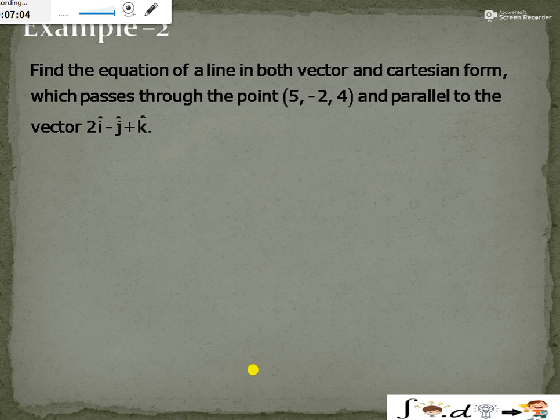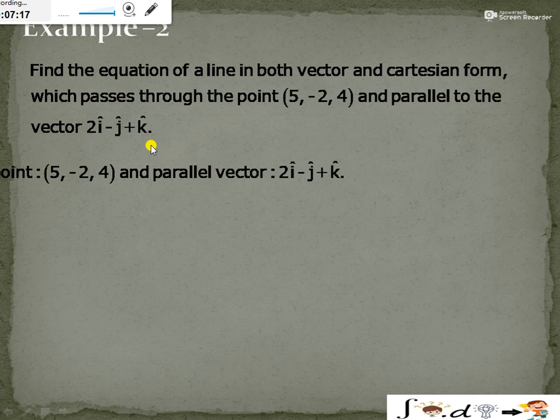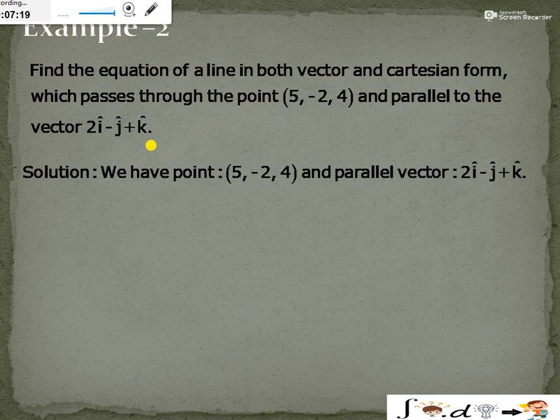Find the equation of a line in both vector and Cartesian form passing through the point (5, minus 2, 4) and parallel to the vector 2i minus j plus k. First of all, we consider the position vector r of any point. Here we are given a line passing through a fixed point.